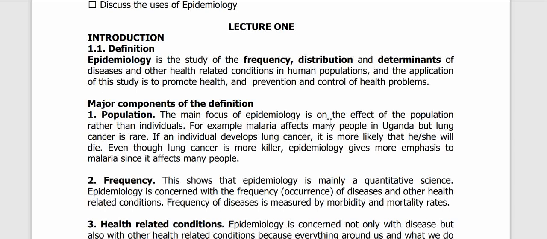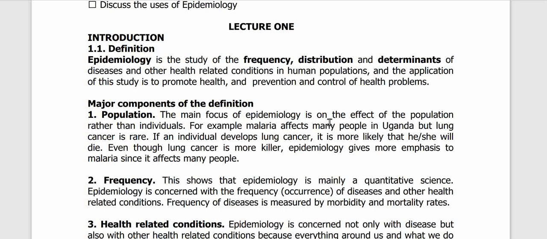So, for example, if there is a disease that is killing one person in a day, and then we have one which is killing like 5 people in a day, epidemiology will definitely put its concern on the disease which is killing more people in a day. So we say that epidemiology focuses much more on the population than individuals.